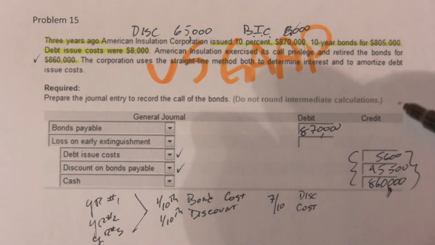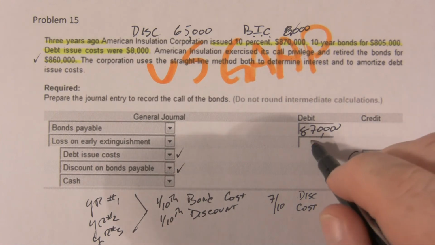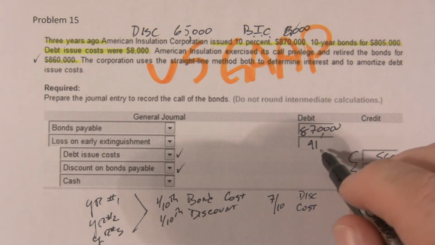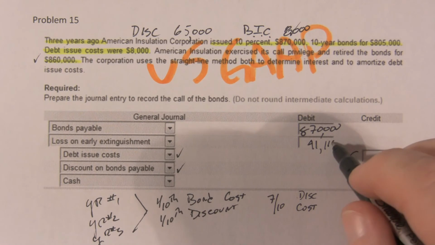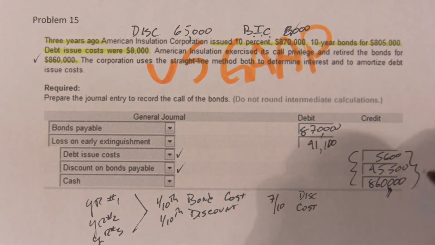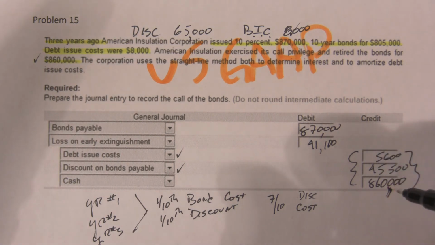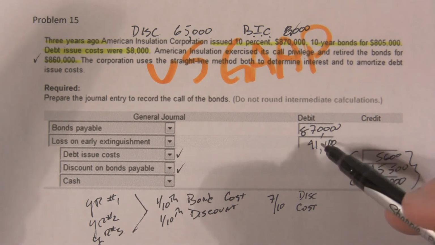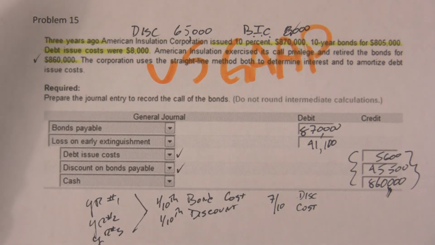So that's a loss on the extinguishment of $41,100. It cost us $911,100 to get rid of $870,000 worth of debt, thereby leading to a loss of $41,100.